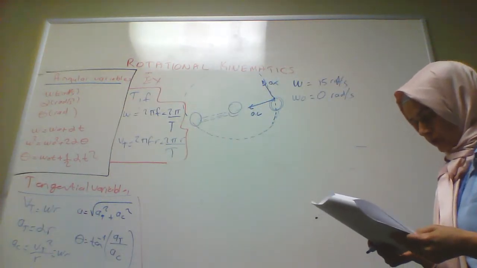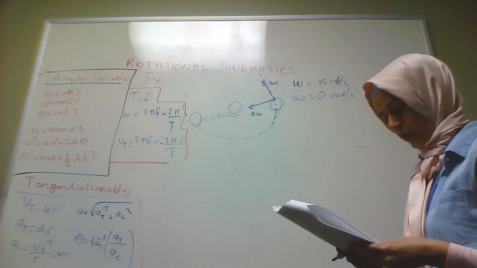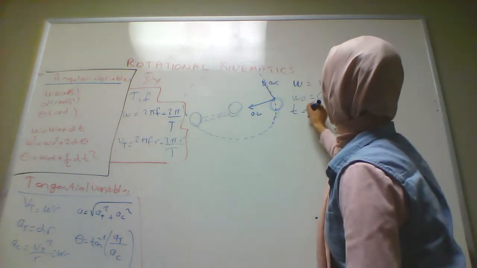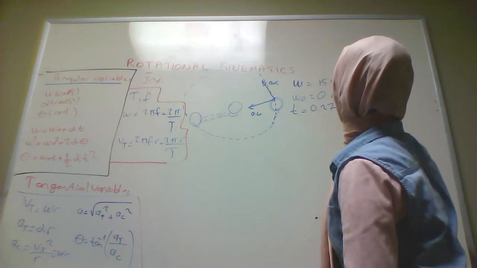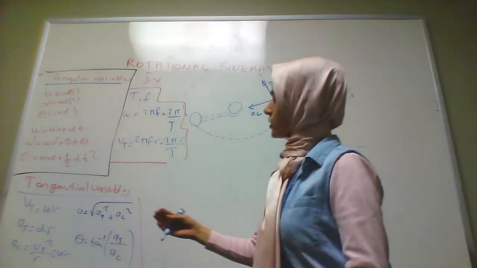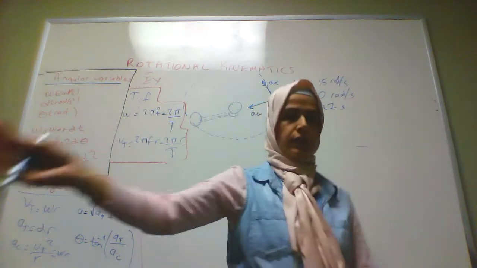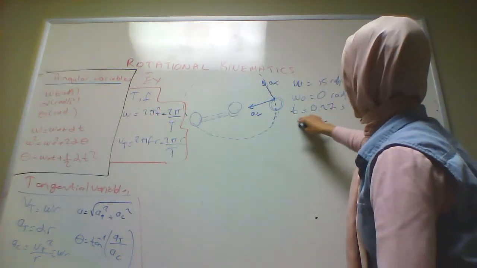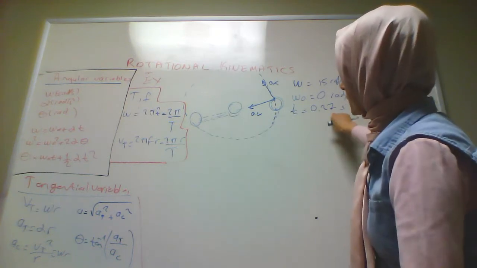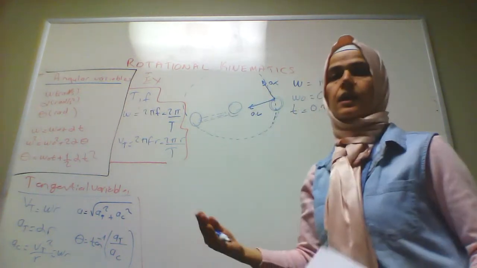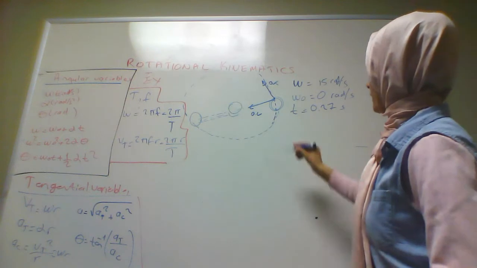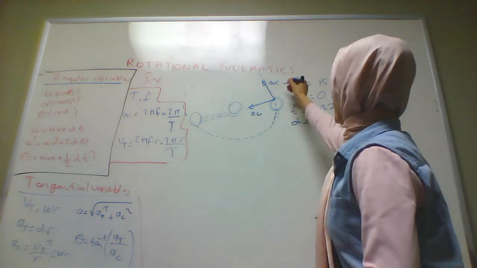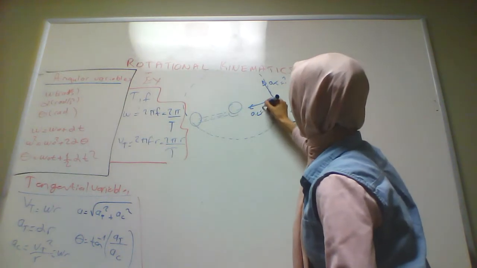During the 15 rad per second, a time of 0.27 seconds. So the time is 0.27 seconds. He or she is throwing this discus, rotating it, and giving it a velocity, accelerating it in a certain time. We have both acceleration, AC and AT, plus angular acceleration, alpha. Alpha is not equal to 0, so we have an alpha, AT, and AC. We don't know them, but we can calculate them.